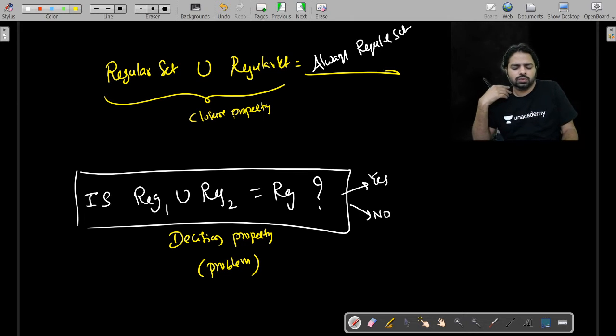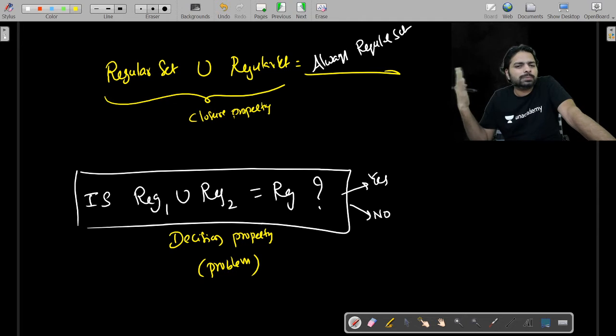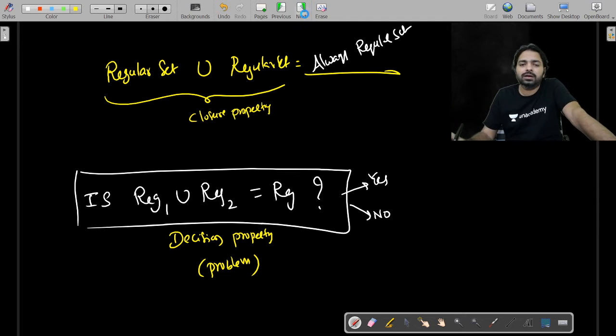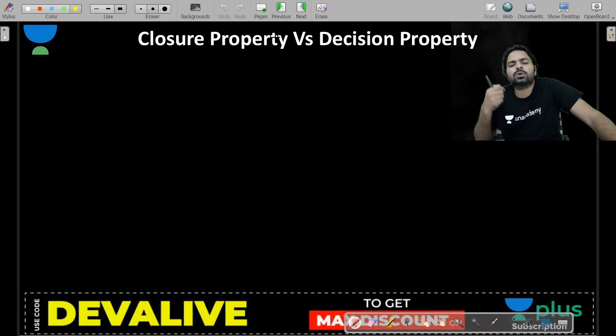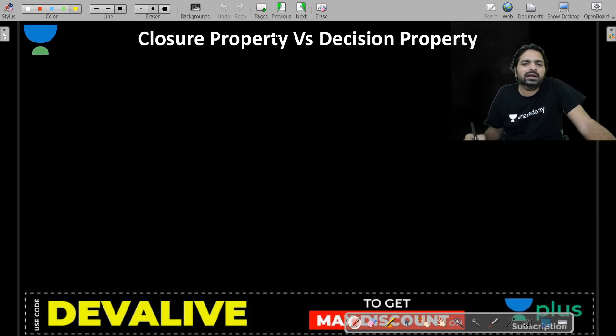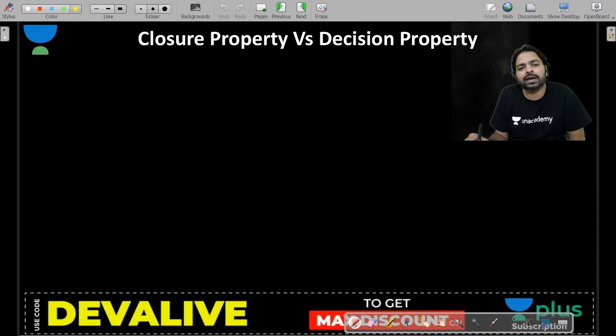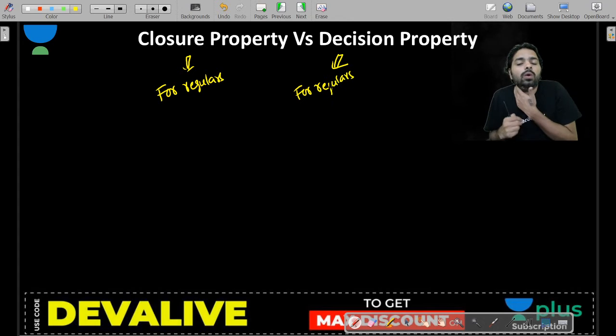Anyhow, closure properties we have studied many times, guys. I think you don't have a problem with the closure properties. Now we are dealing with decision property, so you should understand. Closure property and decision property are there in every chapter. In finite automata, we studied them for regular languages. Decision properties are also there for regulars, but we have not studied them there because you don't know what is decidable, what is semi-decidable, what is undecidable.